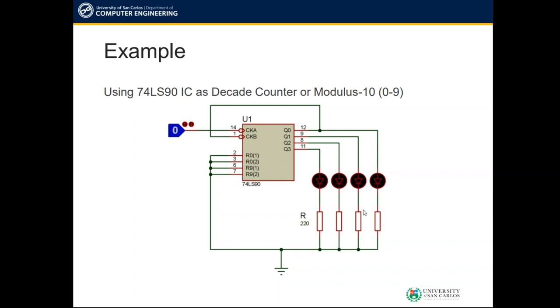So this is an example of your decade counter applied in a default configuration. This is a decade counter or modulus 10 counter.